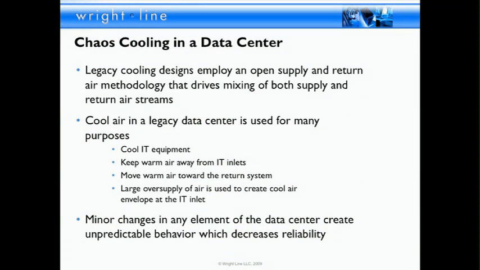And then obviously I've seen a lot of different data centers that use an oversupply system to help move that warm air back to the return system. Actually try to create a velocity of movement in hot aisles or at the end of rows to get that hot air back. And then again, to create this bubble or envelope in front of your IT equipment. That also creates a lot of opportunity to recapture that waste.